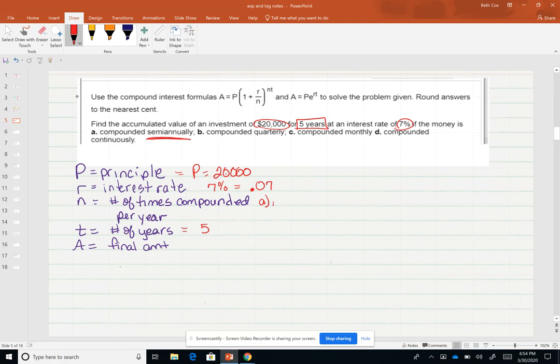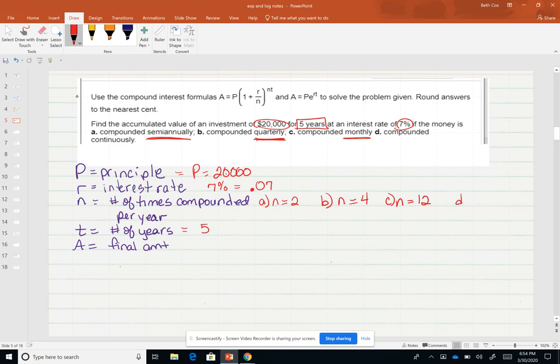Semi-annually means N is going to be 2. For part B, we have quarterly, which means N is going to be 4. And part C says compounded monthly, which means N is going to be 12. We'll use the same numbers for these, and we will get similar answers.